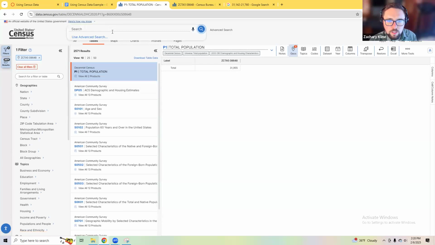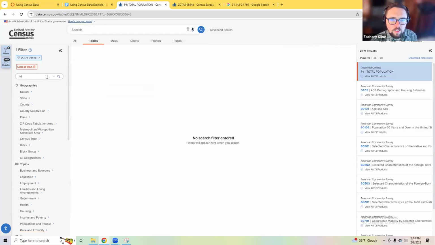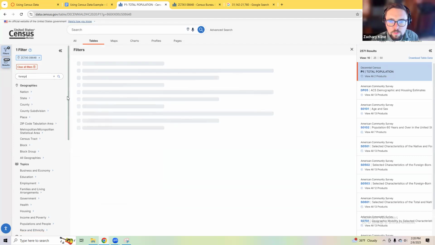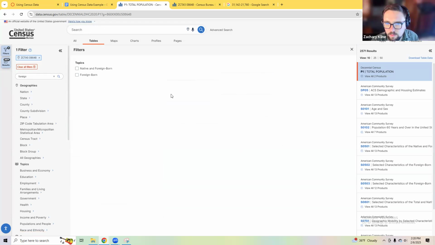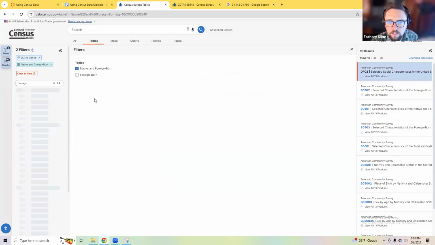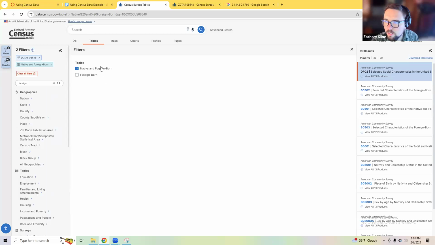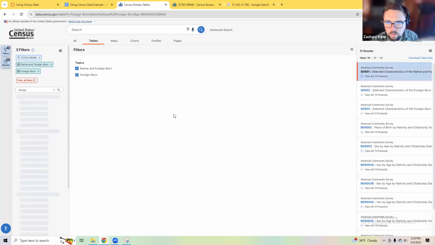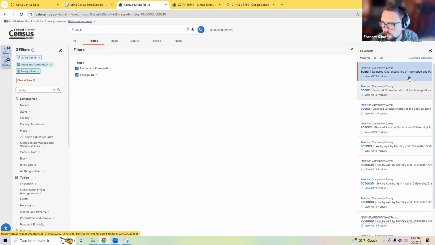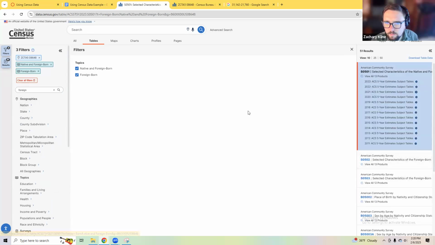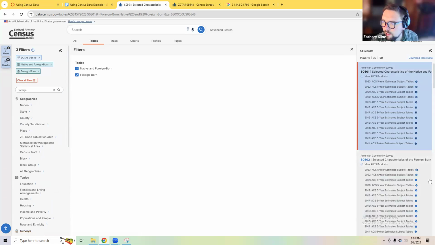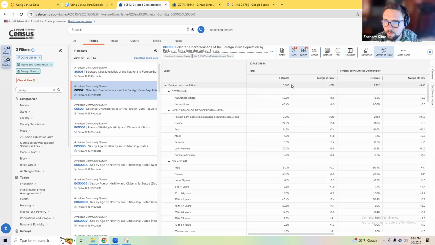So let's try the search bar. Search for foreign and see if we can find the foreign born. Here we go. Foreign born population.